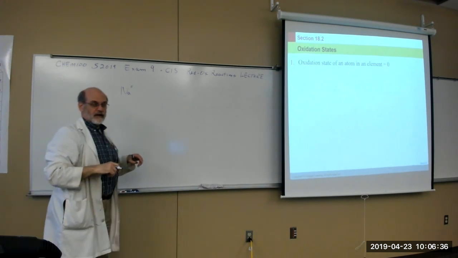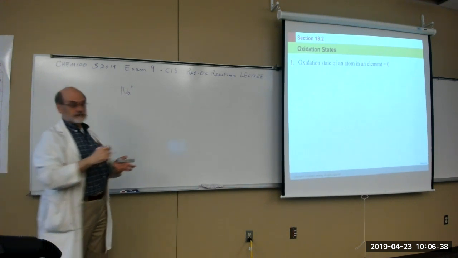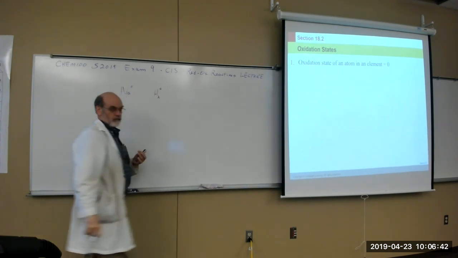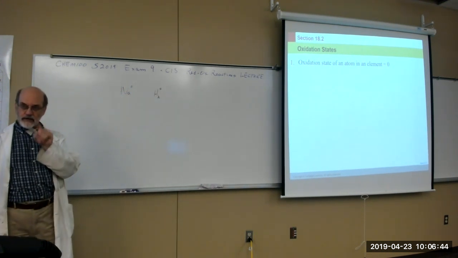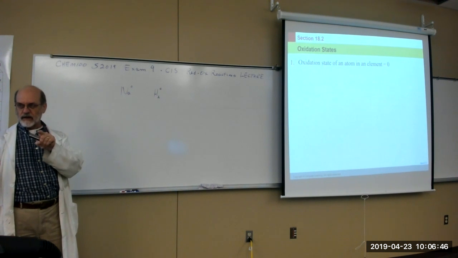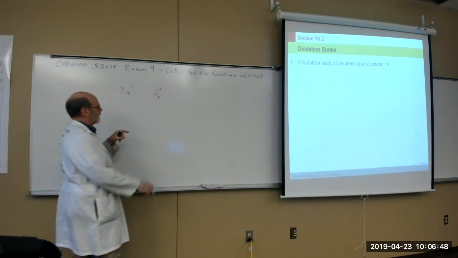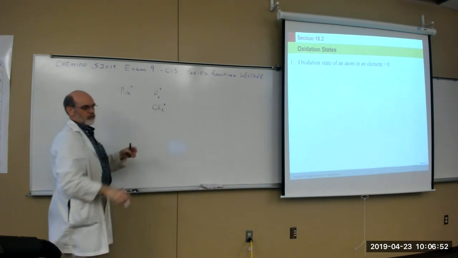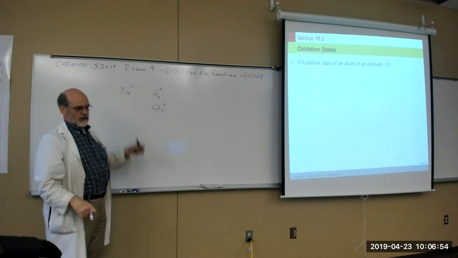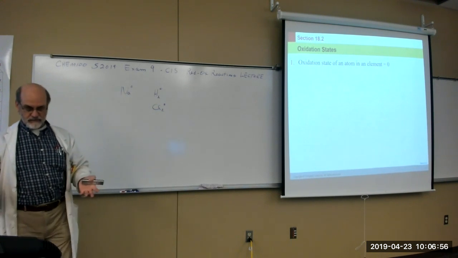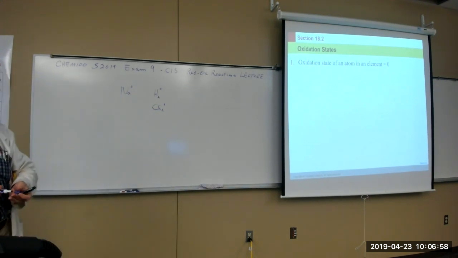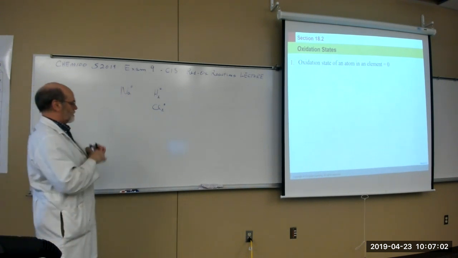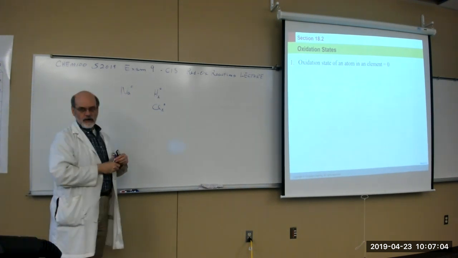Okay. Some of them are diatomics, though, like hydrogen. That would be 0. And that's the oxidation state for each hydrogen in that molecule. Okay. Or chlorine, like we were doing before. Chlorine, 0. All elements under standard conditions are 0 oxidation state.